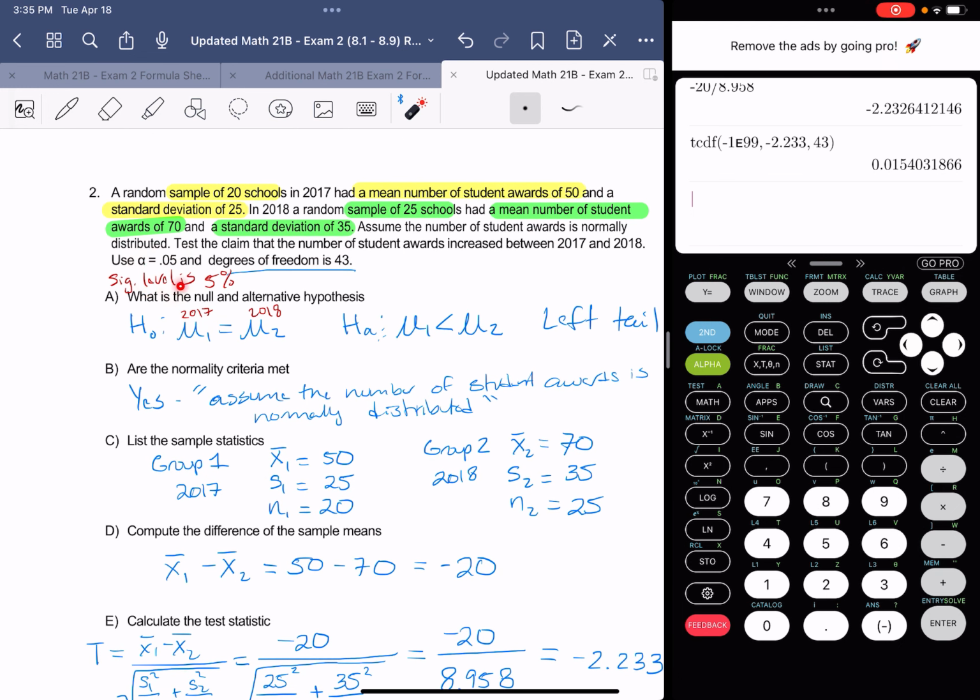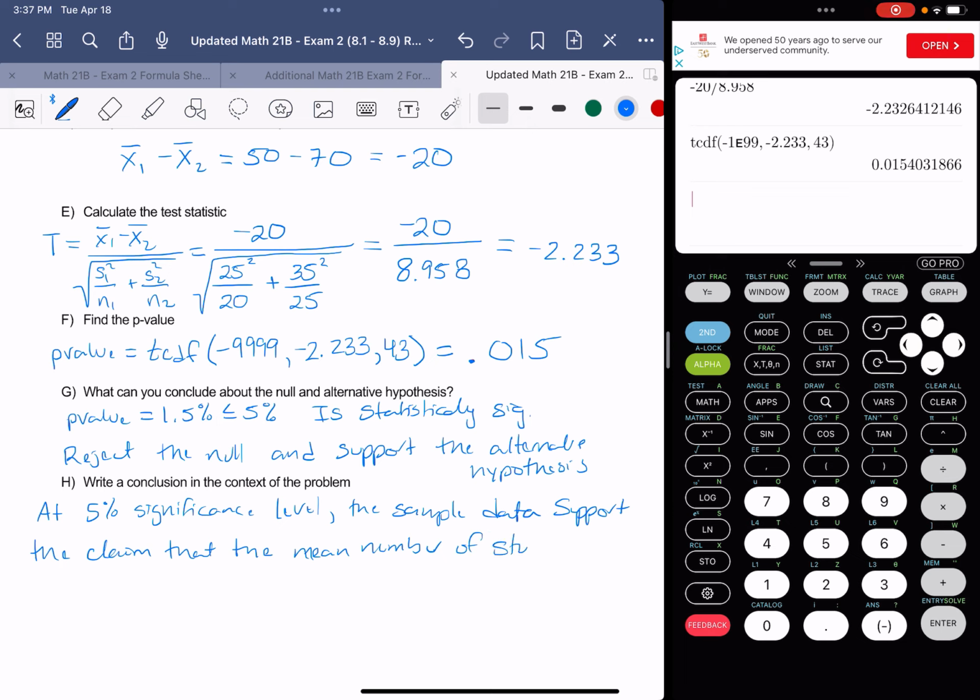The sample data support the claim that the mean number of student awards increased between 2017 and 2018.